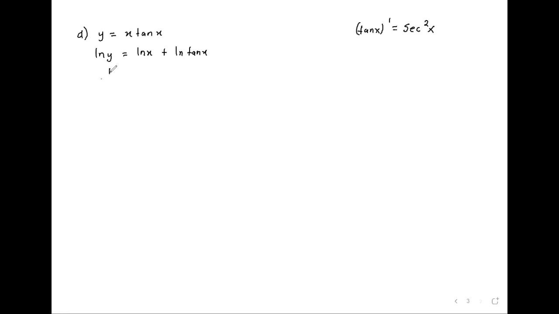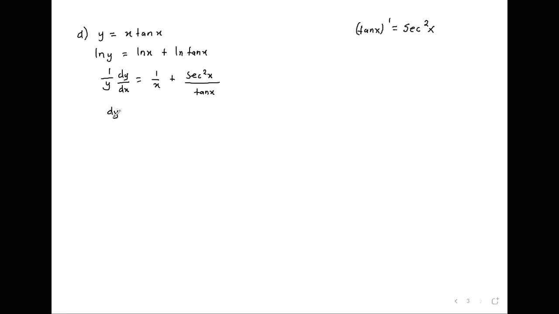So when you differentiate here, we'll have 1 over y dy/dx is equal to 1 over x plus sec squared x over tan x.